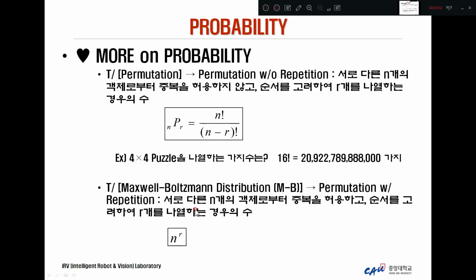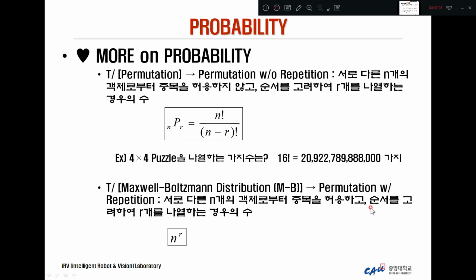So n different and distinct objects you have in the box, and you pick r objects, but repetition is allowed. You selected one object, then you can put this thing back into the box.